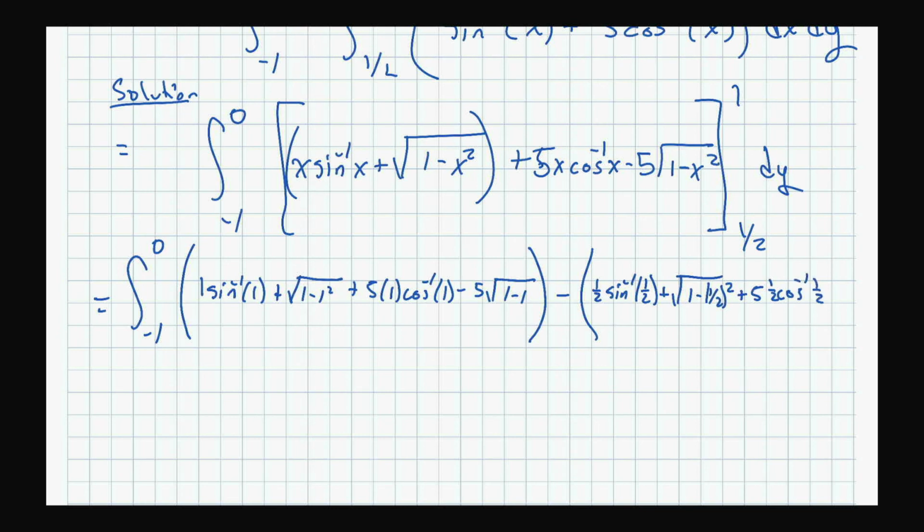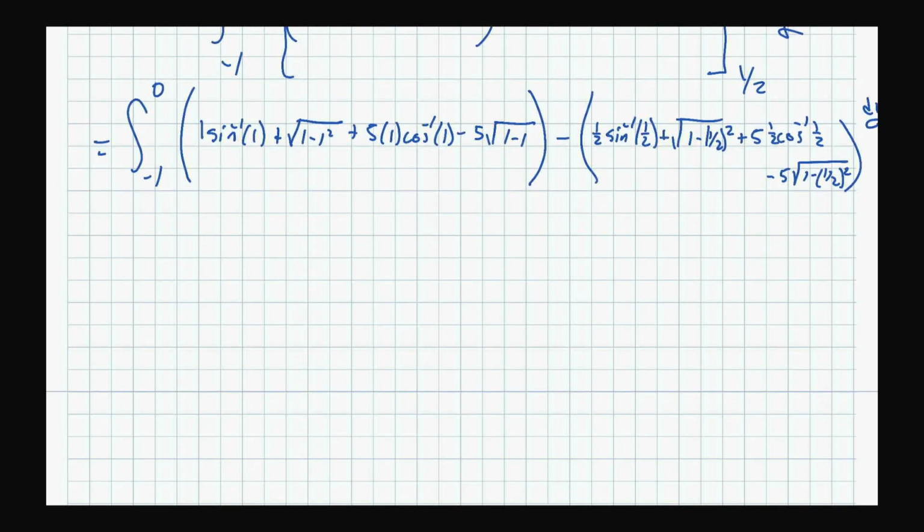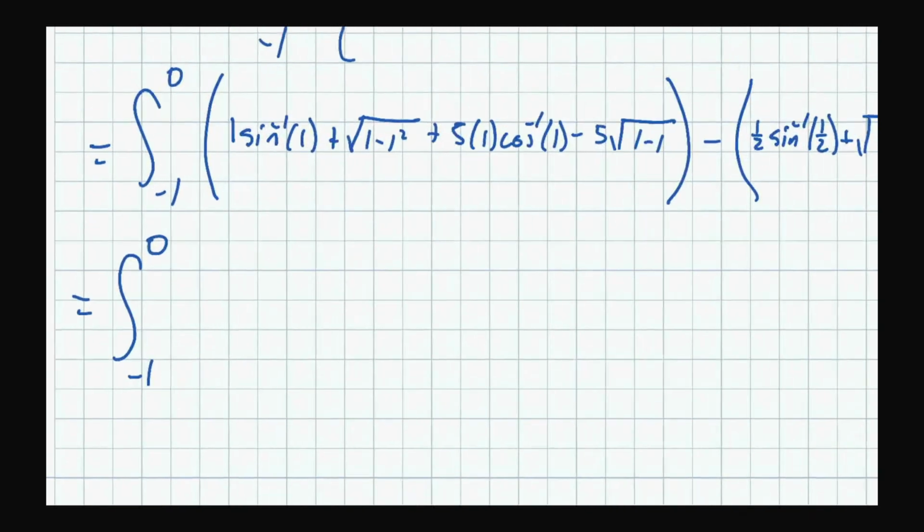I'm out of room. I'm going to write it down here. 5 square root 1 minus 1/2 squared. And then after you do all this, there's still a dy on the end that we can't forget about. So this is yucky, but we're going to go through it.